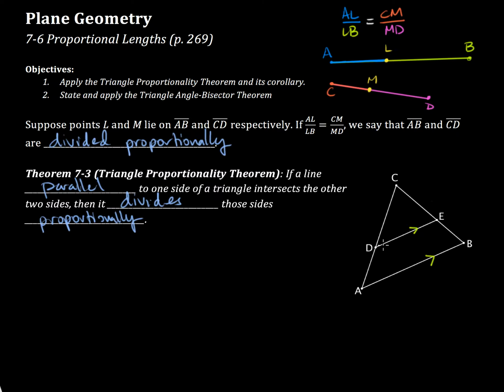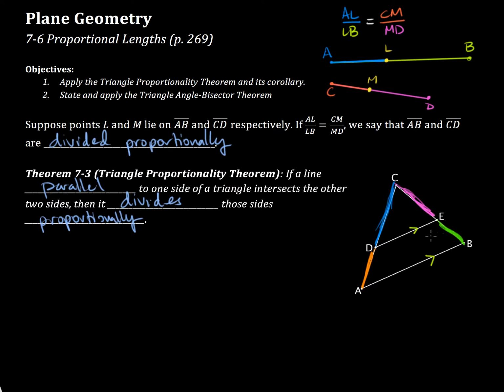That line is intersecting the other two sides of the triangle, AC and BC. According to this theorem, it's dividing those proportionally. I'll do some color coding here. I've taken segment AC and divided it into this part and this part, and I've taken segment BC and divided it into this part and this part.